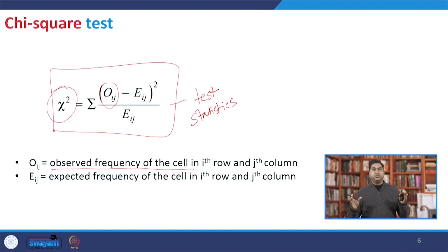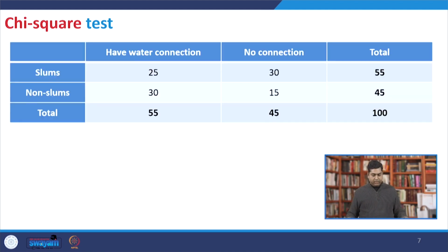So we have a series of data, and then we also calculate the expected frequency of the corresponding cell, and then we take the square of the difference, and divide it by this expected frequency, and sum that ratio over all cells: observed frequency minus expected frequency, squared, divided by the expected frequency. Now how to calculate this E_ij, I'll come to that.